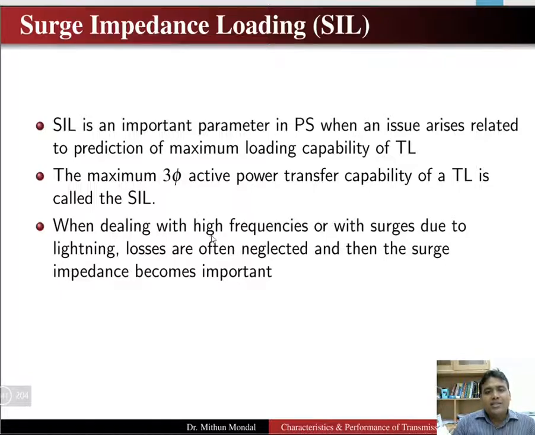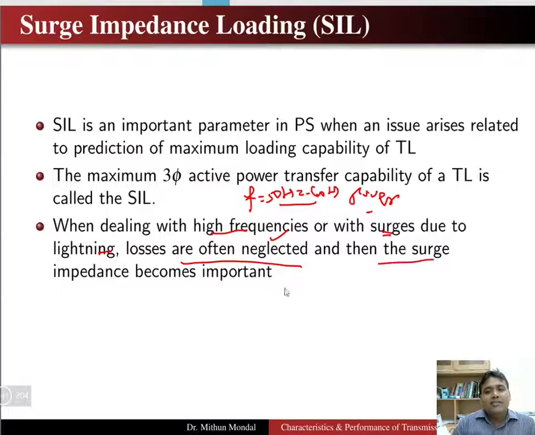Now, when dealing with high frequencies, because power frequency is around 50 hertz to 60 hertz, at high frequency or with surges due to lightning or switching action, losses are often neglected and surge impedance becomes important.